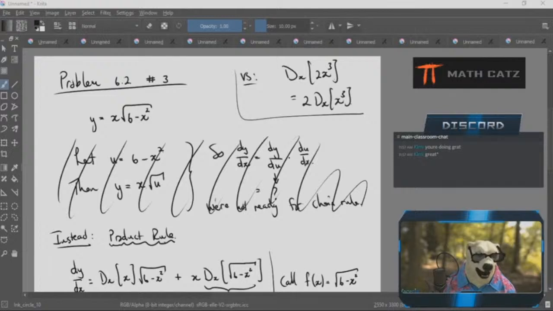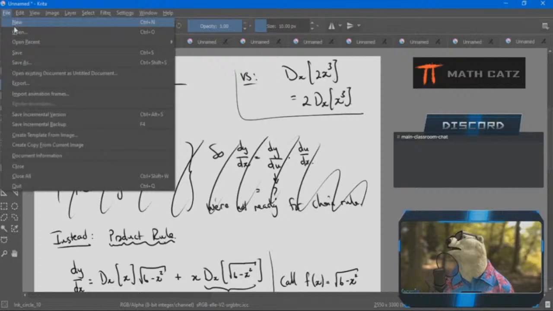Just want to get ahead of myself a little bit here. Not everything in 6.2 is a chain rule requirement. Just remind me, I want to do 24, but I don't want to do it yet. Actually, 15 is nice too. Okay, what did I say? 5. Let's go with 5. 5's good, yeah.